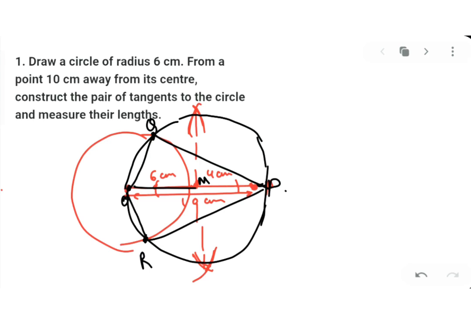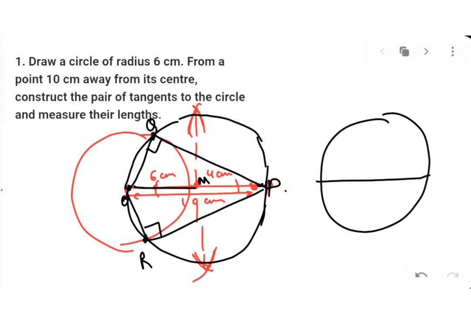Now, angle PQO is an angle in the semicircle, so that will be 90 degree. Even PRO will be 90 degree, because if a diameter makes an angle at the circumference, that will be 90. Perfect. So we got PQO and PRO to be 90.